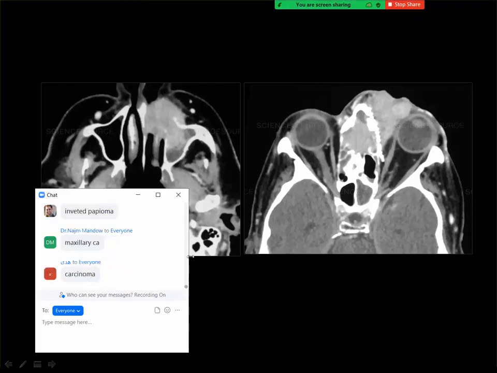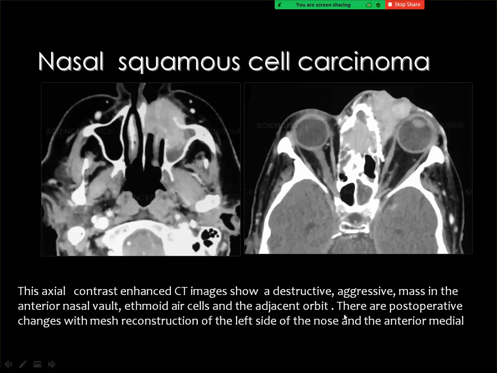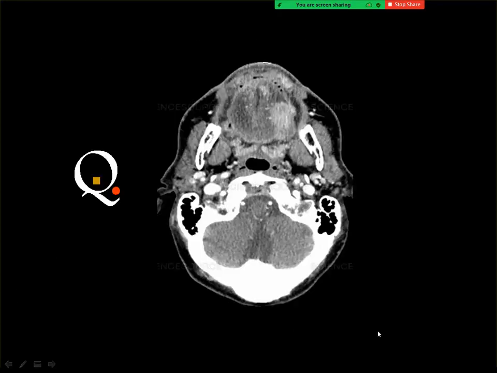This is carcinoma, a classic appearance of carcinoma. Let us say it started in the ethmoids and has invaded the maxillary sinus as well as the nose and extends into the orbital cavity. The first malignant tumor you think of in the maxillofacial area is carcinoma, which is very common compared to other possibilities. And this is a classic appearance of carcinoma in the ethmoids.